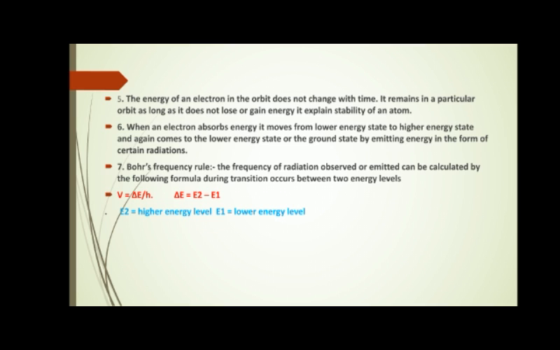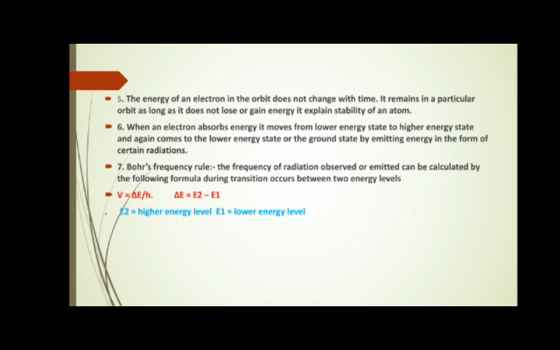Next postulate is Bohr's frequency rule. The frequency of radiation absorbed or emitted during a transition between two energy levels can be calculated by the following formula. That is, nu is equal to delta E upon h: frequency is the change in energy divided by h.